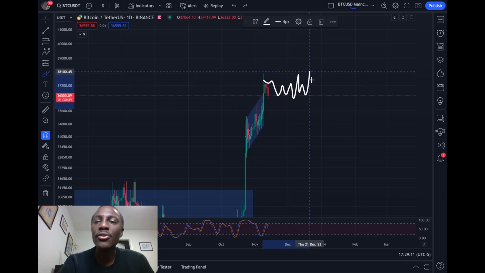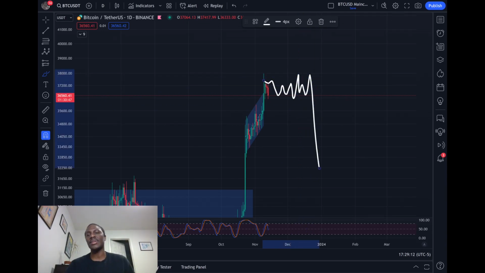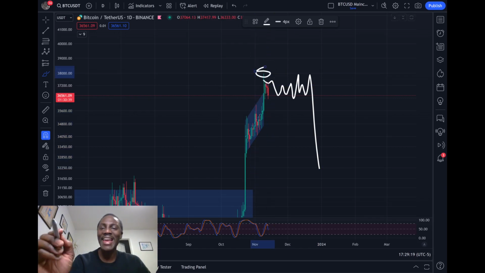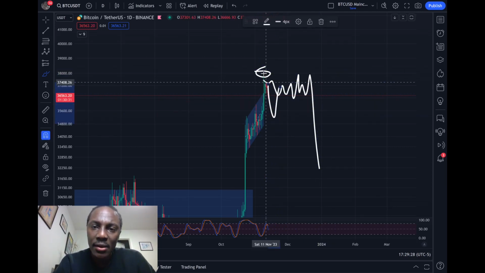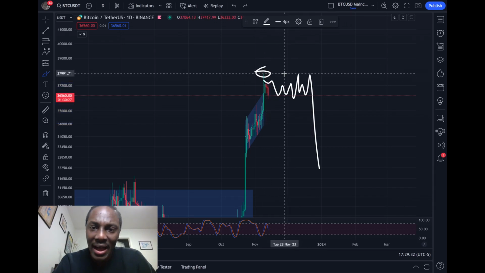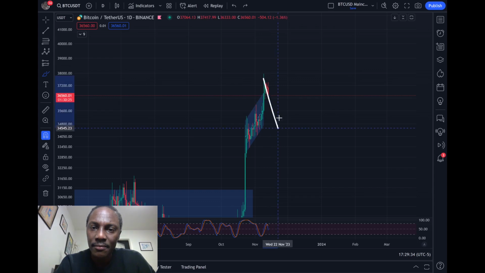So what you're going to see with a high degree of probability, if we're correct and Bitcoin is in distribution right now, having topped out at 38K in this local market move, is a lot of sideways price action between where we're at now, 38, and maybe you can even make a higher high here with the B wave, right?